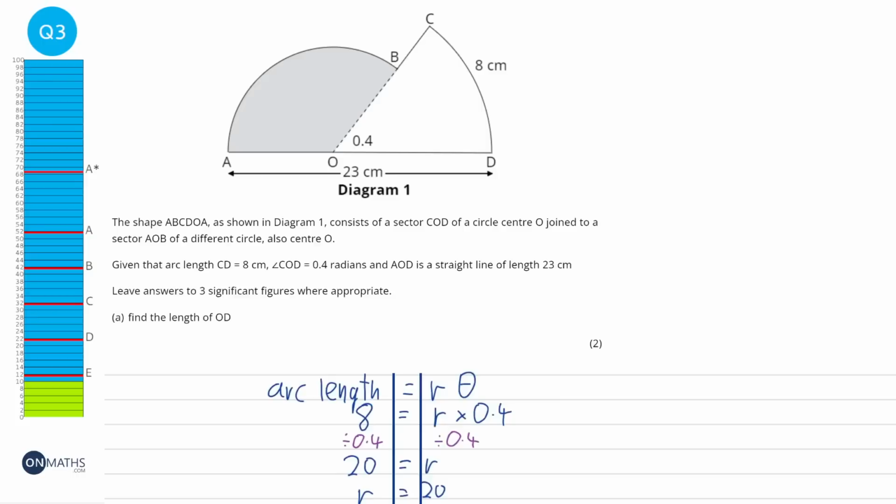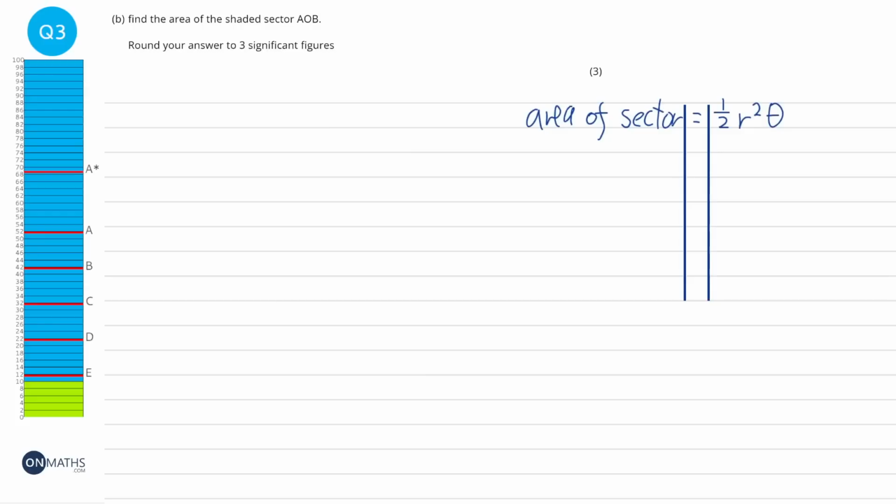The radius is going to be this part here, and we're given the fact that the total is 23. We've worked out this part is 20, so what is it, AO. So AO is going to be 23 minus 20, which is going to be 3. So we know that's going to be 3 centimeters.